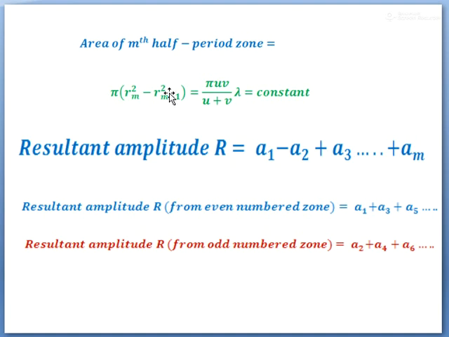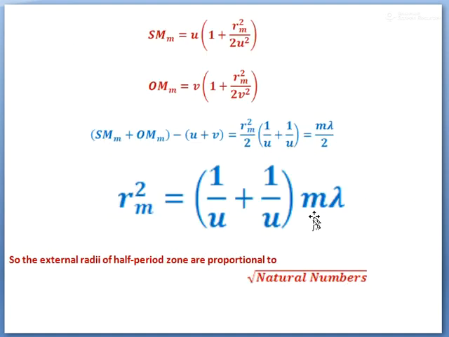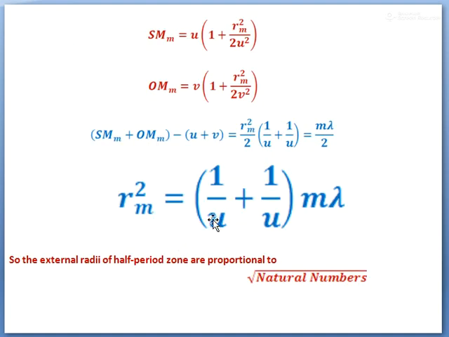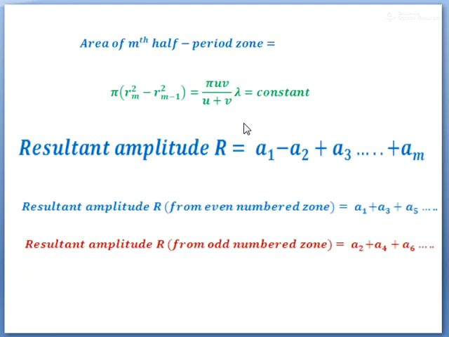Substituting n once and n minus 1 once, the total comes to pi into UV divided by U plus V, into lambda. There is no n in this term, so the area of a half period zone will be constant.